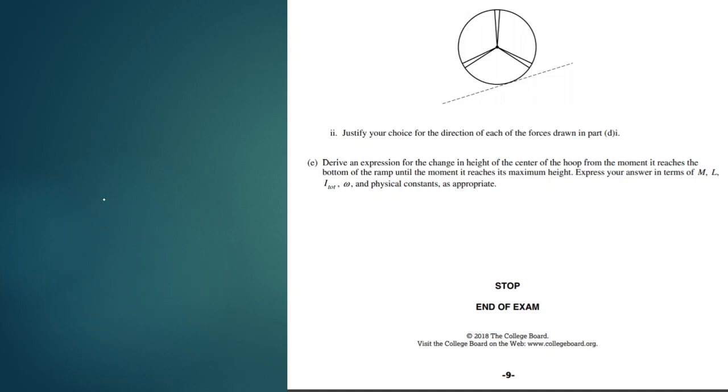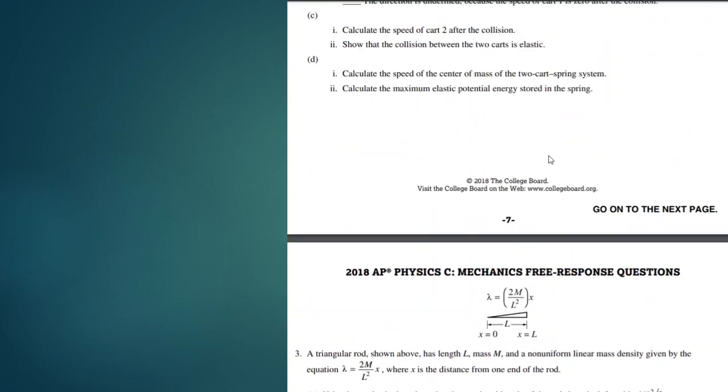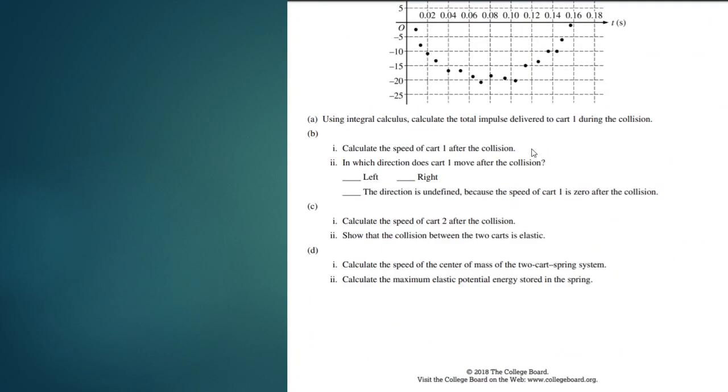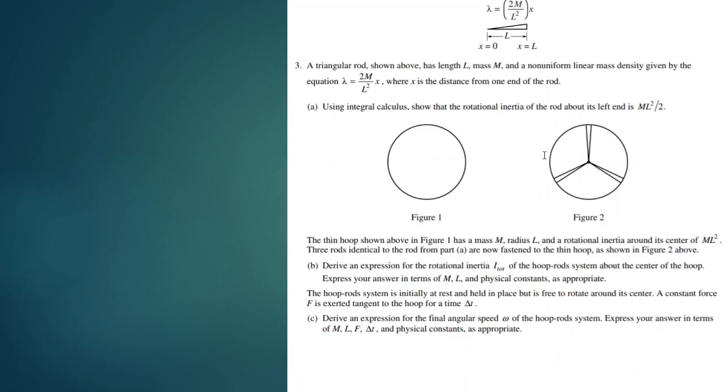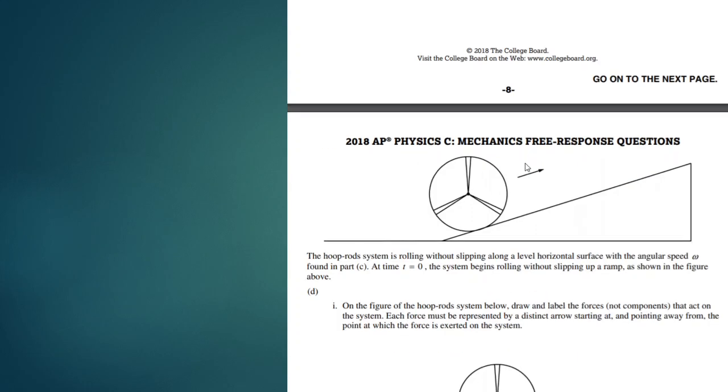If you have any specific questions, feel free to leave them down in the comments below and I'll reply and explain any concepts or things that were unclear. There were quite a few in this one. There was the frictional force and its direction. The other ones were the center of mass and why exactly we use the center of mass when we're calculating our potential energy. So there were a couple of oddballs, especially this integral calculus one that quite a lot of people forgot.